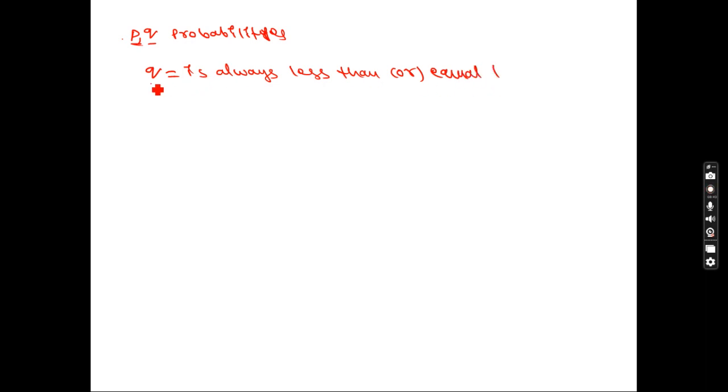P and Q are both probabilities only. But here, what is known is that Q is always less than or at maximum equal to 1. Whatever the value of Q is, the answer can be at most 1, not more than 1.